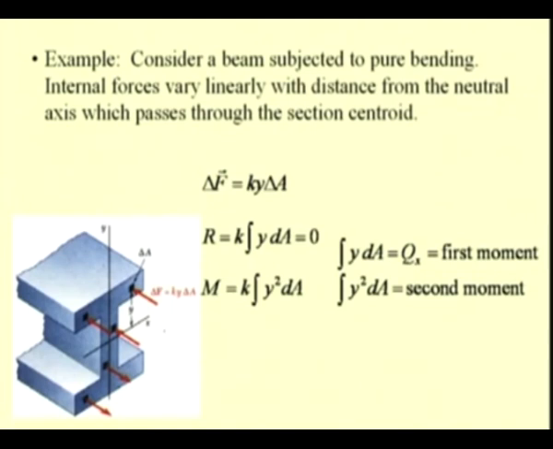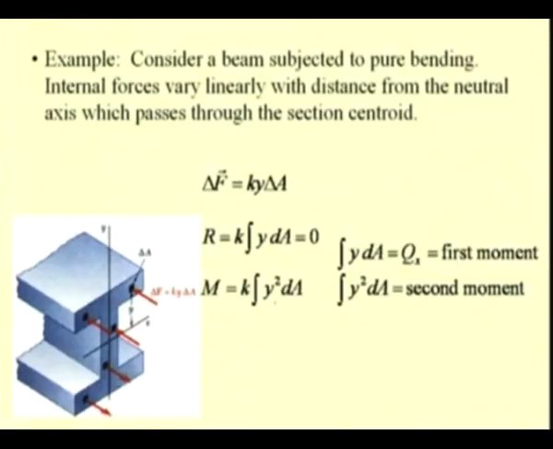So, it is interesting from the point of design to choose cross sections that will resist this bending moment better, in the sense that the distribution of the internal forces will be safe, and so the design of these beams and the choice of cross section depends on the cross sectional shape and the distribution that takes place.